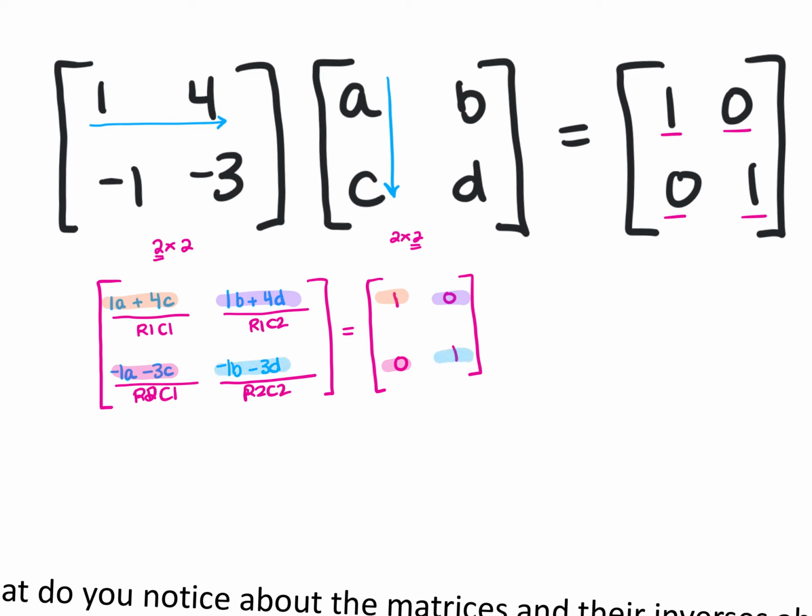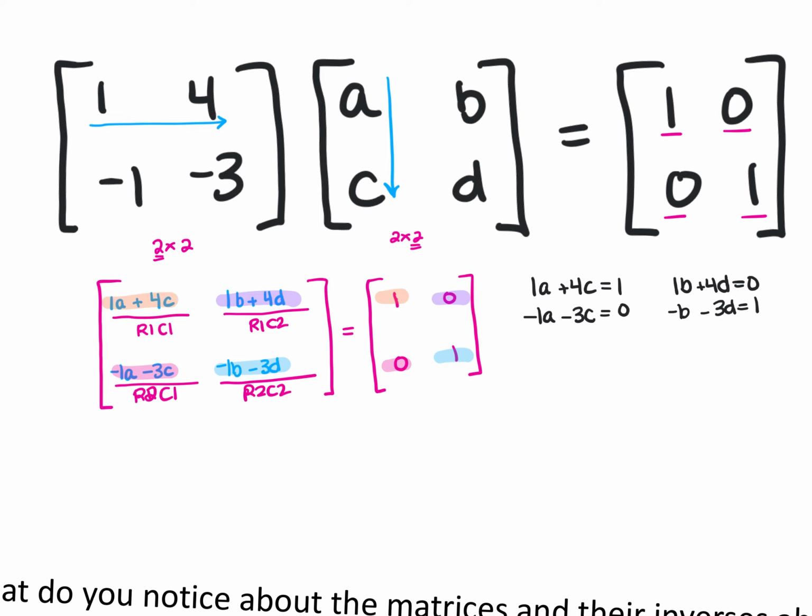So what I can end up doing is setting up this system of equations. So what I have is 1A plus 4C must be 1. I also know that 1B plus 4D must be 0. I know negative 1A minus 3C equals 0. And I know that negative 1B minus 3D has to be 1.